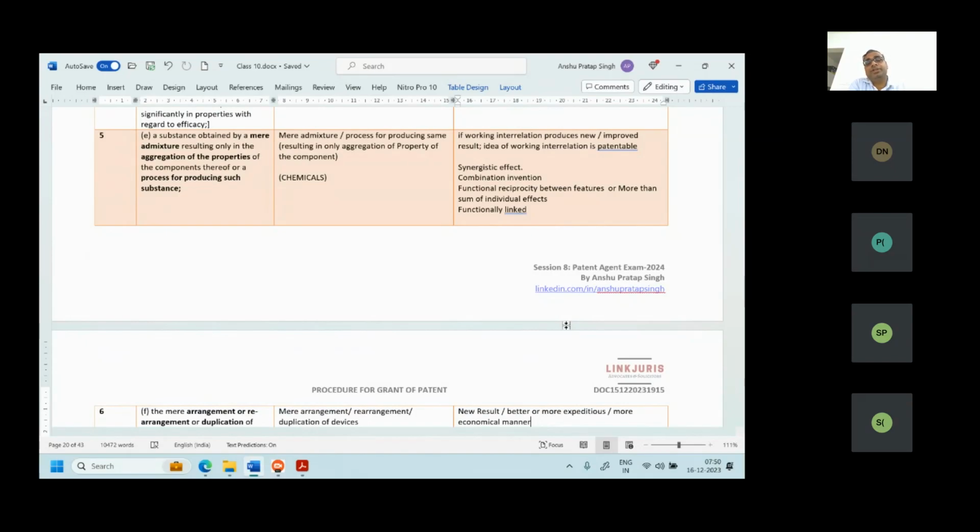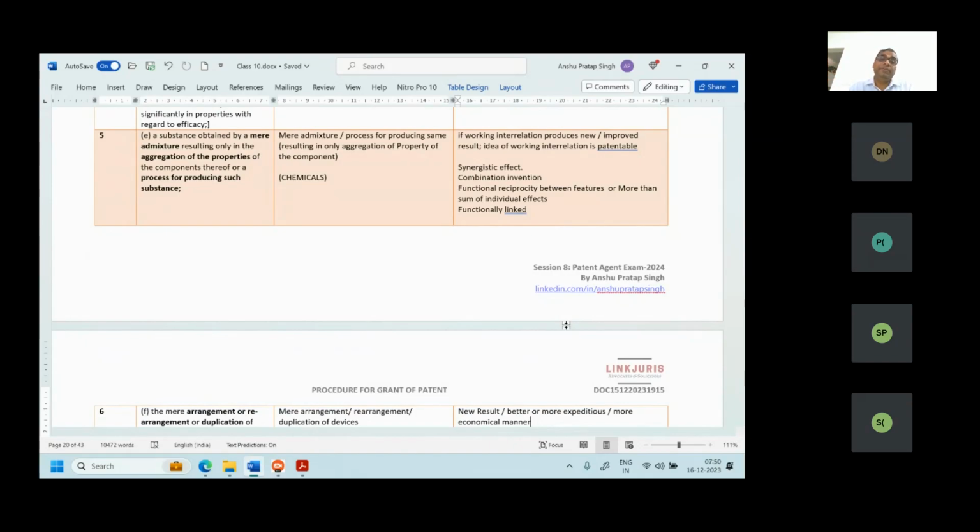Diclofenac and thiacolchicide were not getting stable in an aqueous solution. In that invention, both were mixed in a solution in the presence of a stabilizing agent, and that stabilizing agent was preventing their degradation.